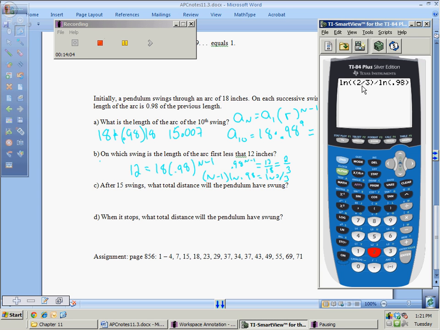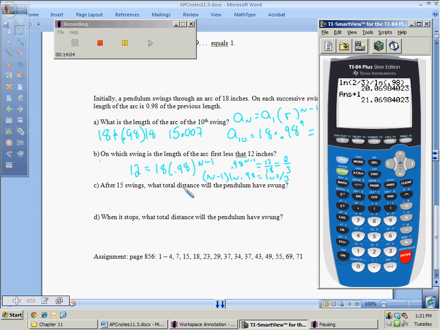I don't think I need this parenthesis here. ln of 2/3 divided by ln of 0.98, let's see what happens now. I get 20.06 plus 1, and I get 21. So sometime after the 21st swing, it would be swinging less than 12. So after 21 swings, it would be less than 12.